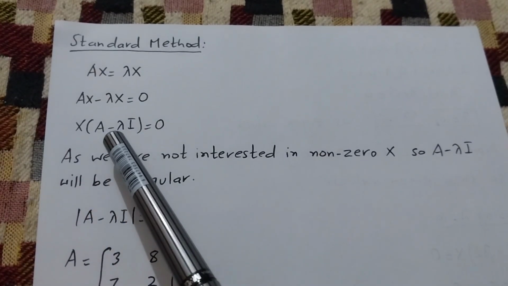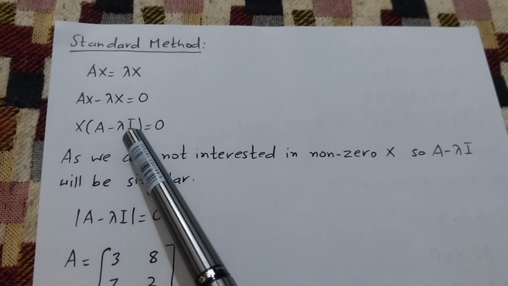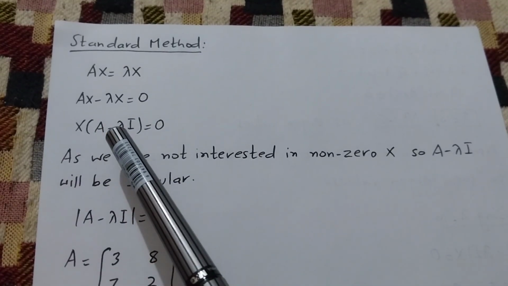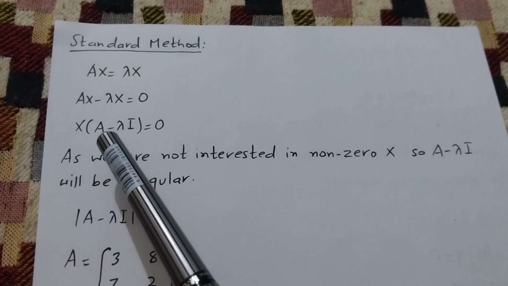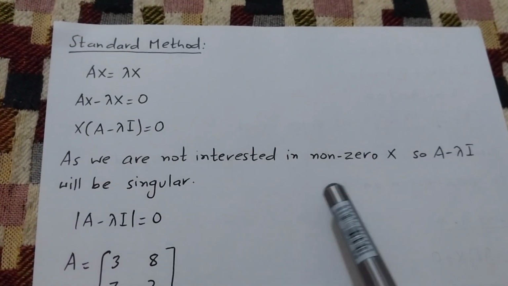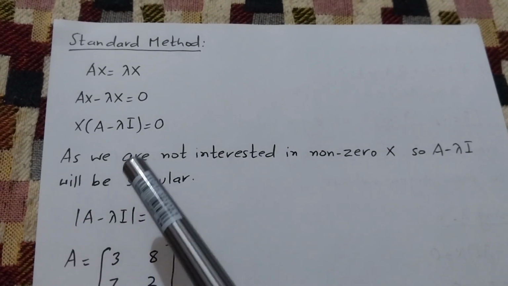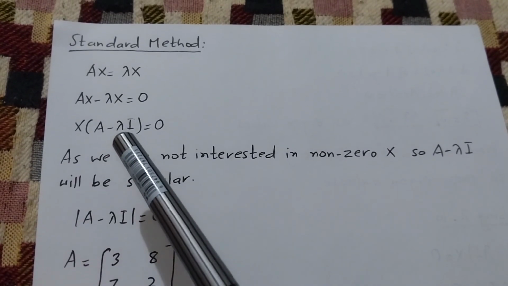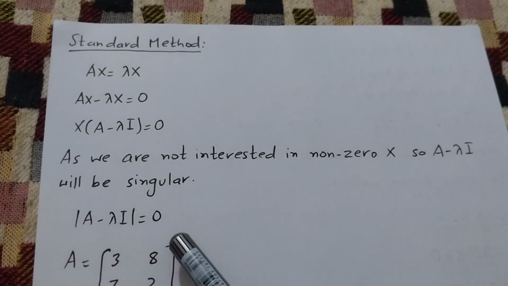So we have to consider this matrix A minus lambda I to be singular. If it must be singular, then its determinant is 0. So the determinant of A minus lambda I is equal to 0.